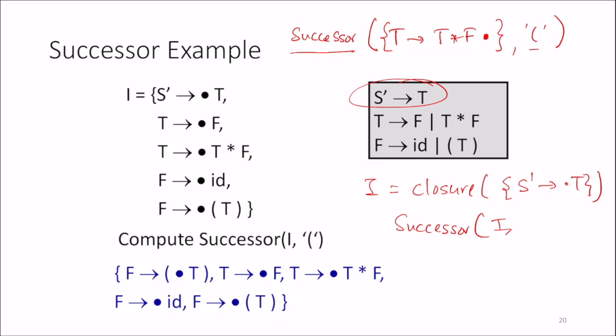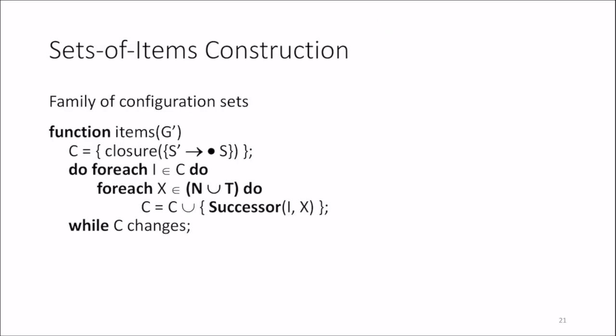So you could have any N union T as the second argument to the function successor. Putting these functions together, what we get is this function items, and items is an initial closure based on this augmented start symbol. And then for each dotted item in this set C, I go through every possible symbol, either a non-terminal or terminal.